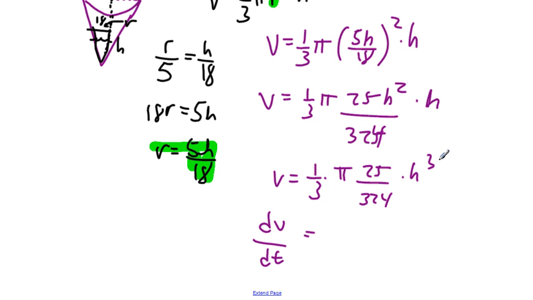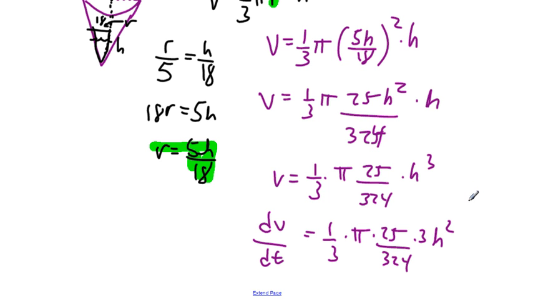This is a constant number, constant number, constant number. So really, I'm just going to bring this 3 down right there. So I'm just going to get a third times pi times 25 times 324 times 3h squared, right?